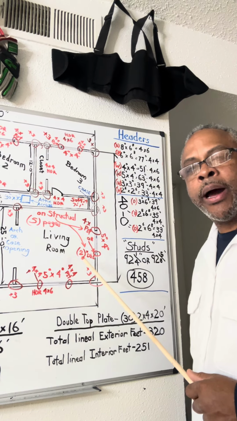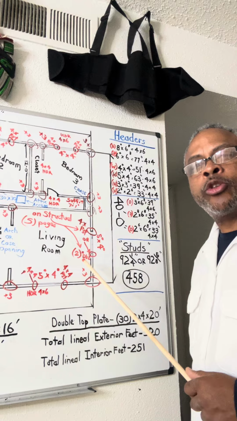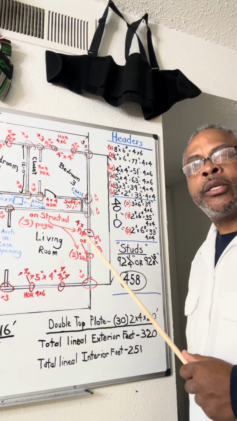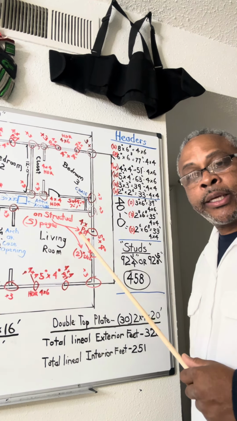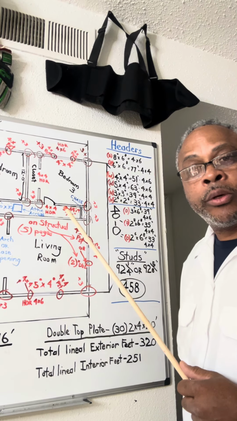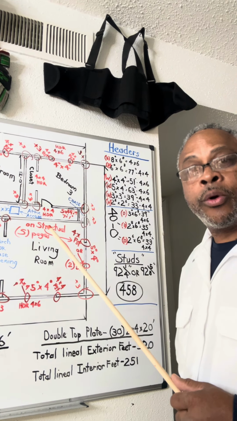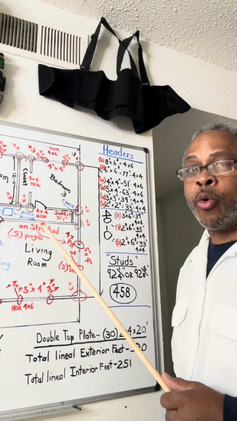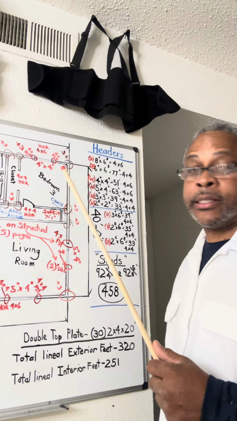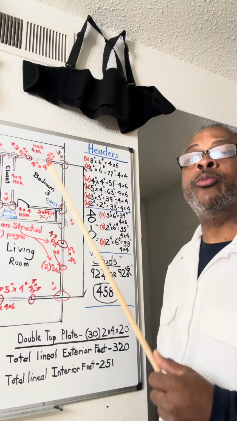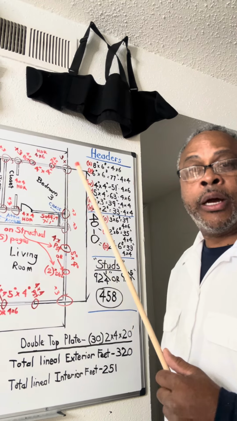But the double 2x king stud can also be called a cord. Each king stud nailed to another king stud could be like double cords, triple cords, quadruple cords.